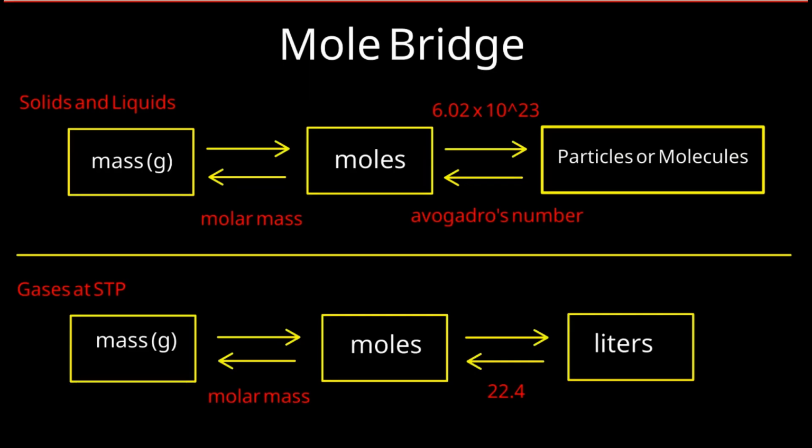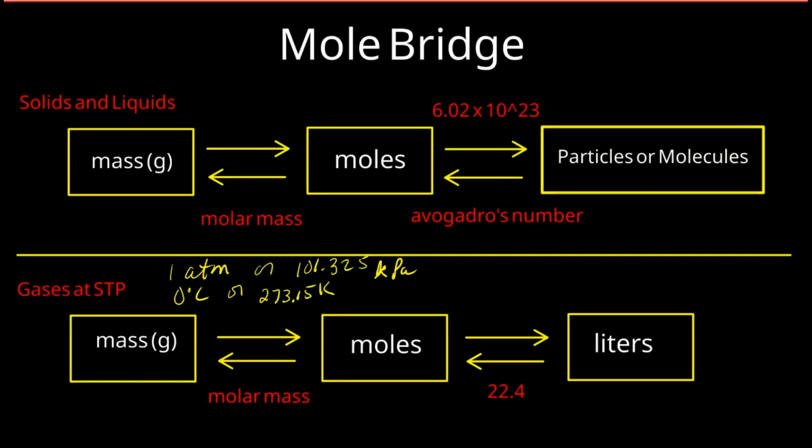If you have gases at standard temperature and pressure, or STP, that means 1 atmosphere, or 101.325 kilopascals. That's the pressure. And the temperature will be 0 degrees Celsius, or 273.15 Kelvin.